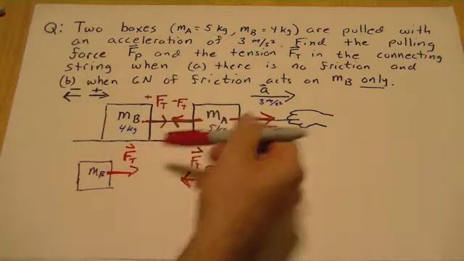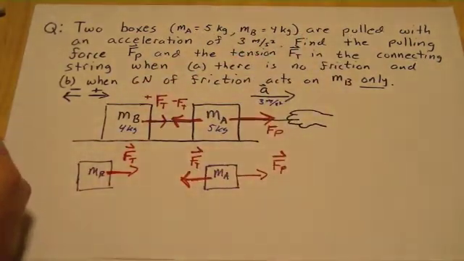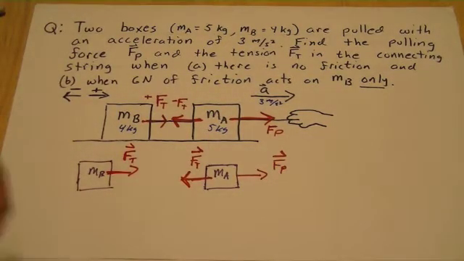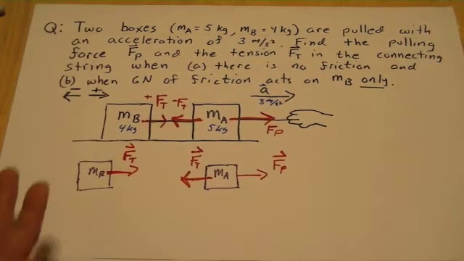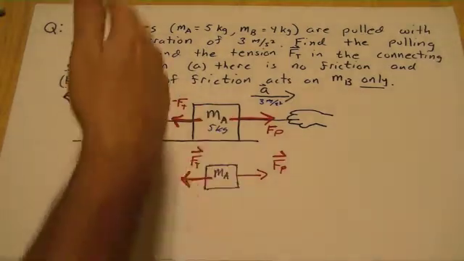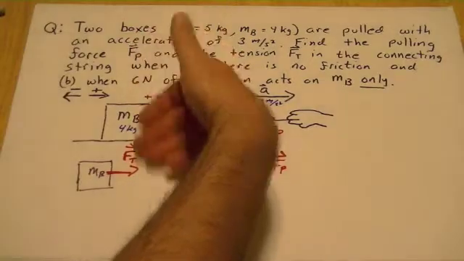Now there is a weight force going down on the boxes, and there's a normal force pushing up on the boxes, the normal force being from the floor, but that's not contributing to the problem because my motion is only horizontal, in the x direction. Since I'm only worried about motion in one direction, and there is no friction in this problem, at least for part A of it, I can neglect anything going on in the y direction, the vertical direction.